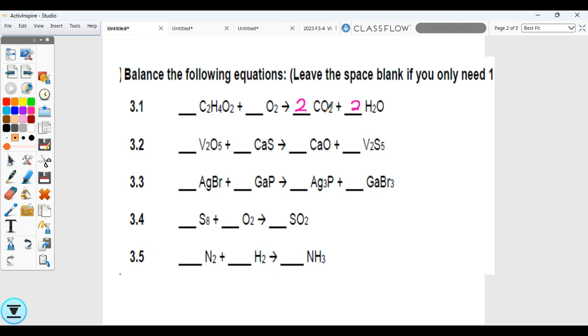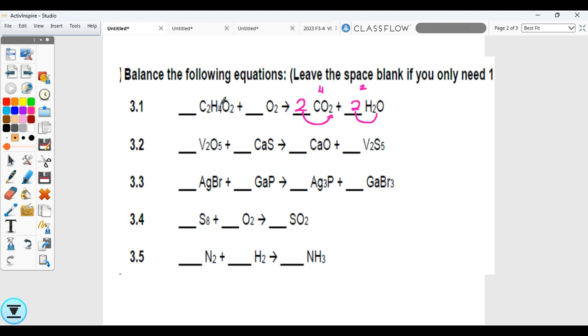But now I need to just sort out my oxygens, because oxygen is in 2 different things. So that makes it a little bit more tricky. So I need to look at how many oxygens I now have here. It's 2 times 2, which means I've got 4 oxygens there. 2 times 1, which means I've got 2 oxygens there. This molecule has already got 2. So if I put a 4 there, then, oh sorry, that's 6.